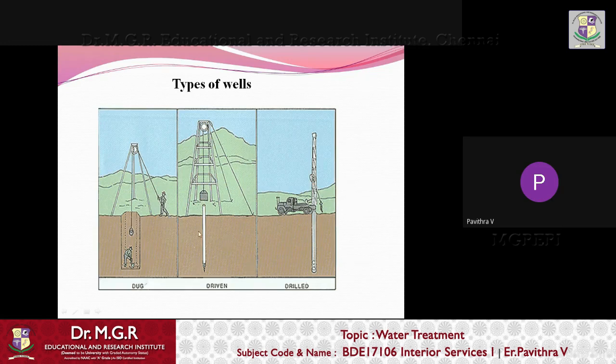And a driven well is the one in which I drive the pipe inside, and until it reaches the water stratum, I drive the pipes one after the other. And drilling is where I use some external machinery for drilling the hole into the soil. So these are the three different wells: dug wells, driven wells, and drilled wells.